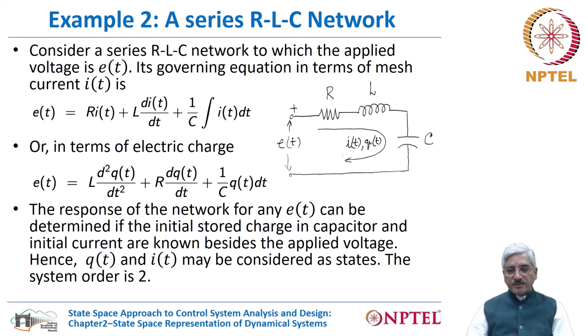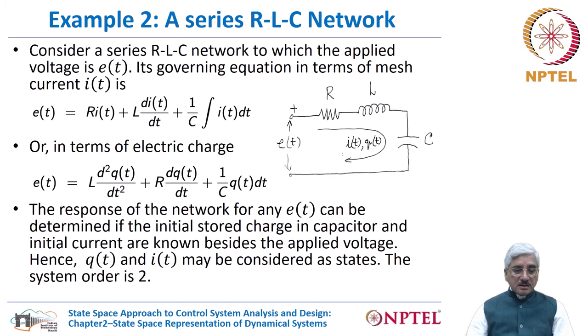Now, if one attempts writing the equation governing this circuit, then by using Kirchhoff's voltage law, one obtains this equation: e(t) equals R i(t) plus L di/dt plus 1/C integral of i(t) dt.